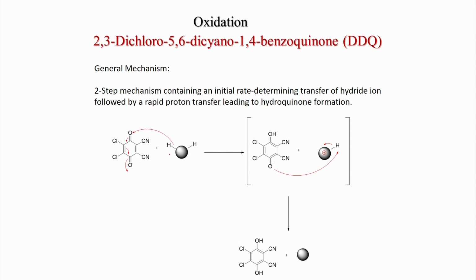So, this electrophilic compound, and then H minus first reacts here, you get this system, O minus is there, this hydroquinone there is an O minus, and now this O minus is reacting to the H plus, and then you get this motif, and ultimately one H minus first and then H plus reacted with the DDQ to get this hydroquinone or DDQH. This we call sometimes DDQH, hydrogenated DDQ.